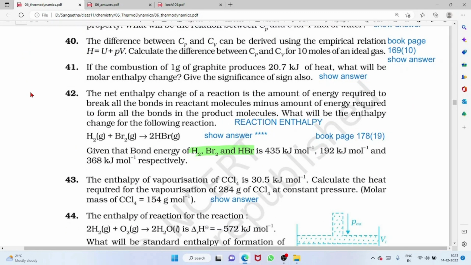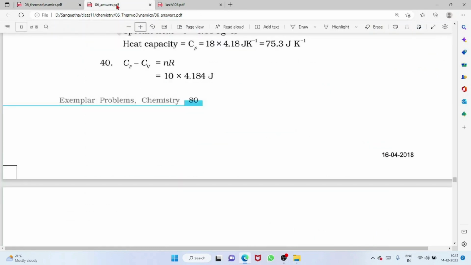If the combustion of 1 gram of graphite produces 20.7 kilojoule of heat, what will be the molar enthalpy change? See the significance of the number also. Molar enthalpy change of the carbon, it is graphite. Question 41.